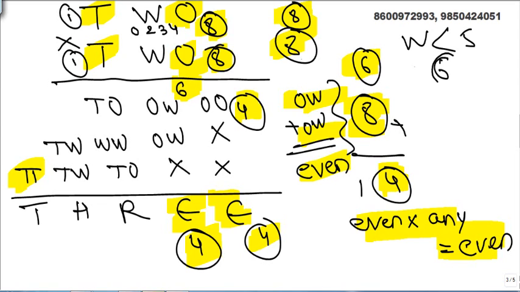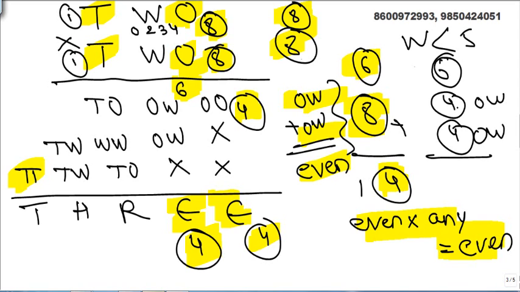Now, how can we get 8? 6 is carry forward. 8 can be made by 4 plus 4, 8. OW 4, OW 4, 4 plus 4, 8. 8 plus 6, 14. And that's how it's precisely possible.